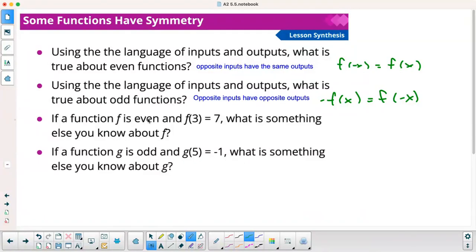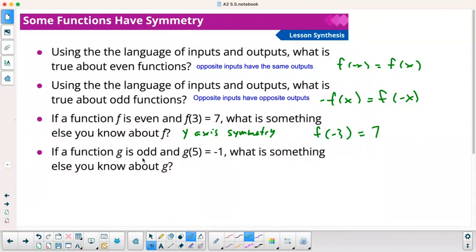If a function f is even and f of 3 equals 7, what's something else you know about it? So we know that it has y-axis symmetry, of course. And we know that f of -3, the opposite of the input, will have the same output.